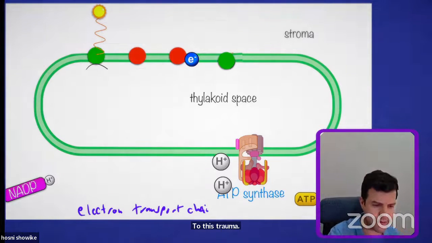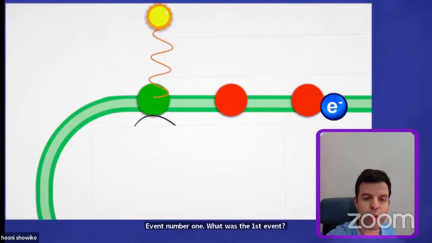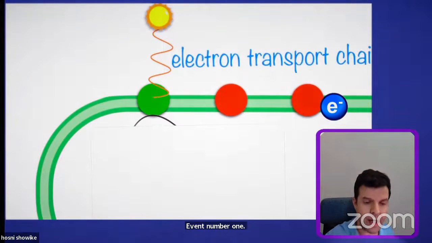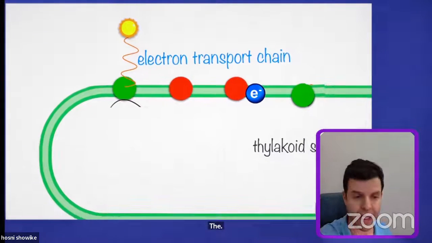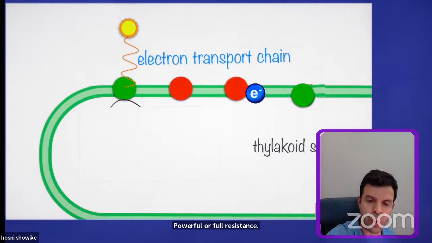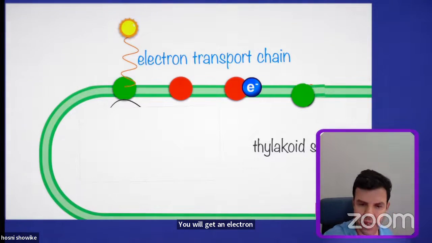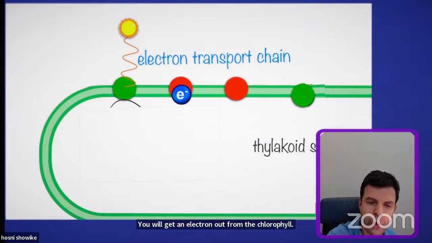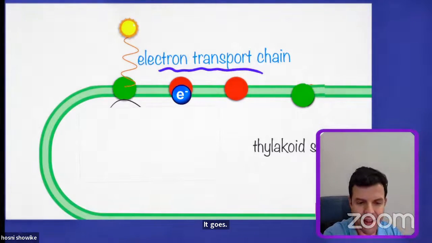So let's repeat. Event number one, what was the first event? Event number one is when you excite the chlorophyll or photosystem with light energy. You will get an electron out from the chlorophyll, right? It goes through that electron transport chain until where?